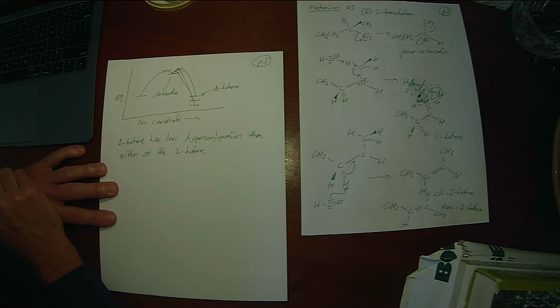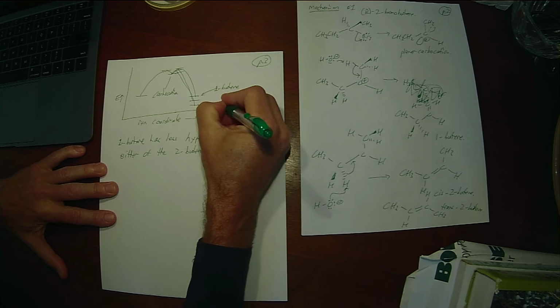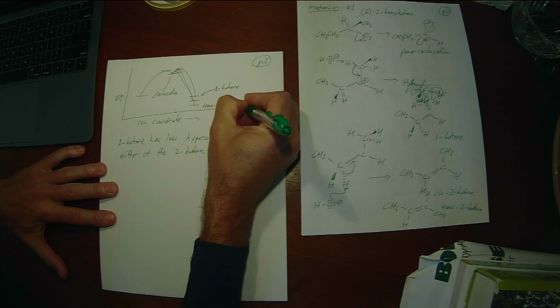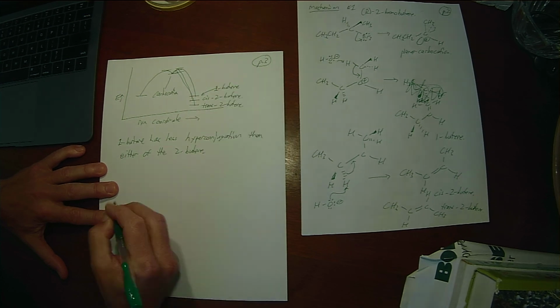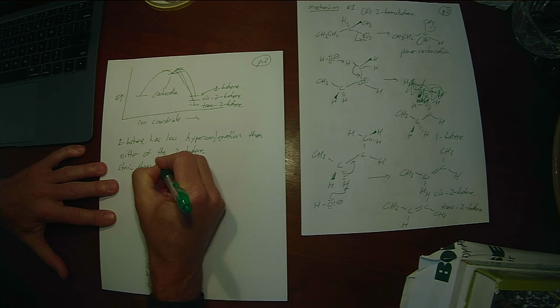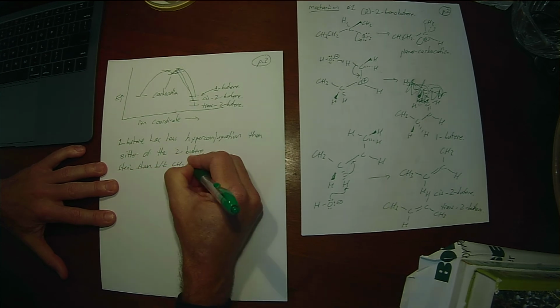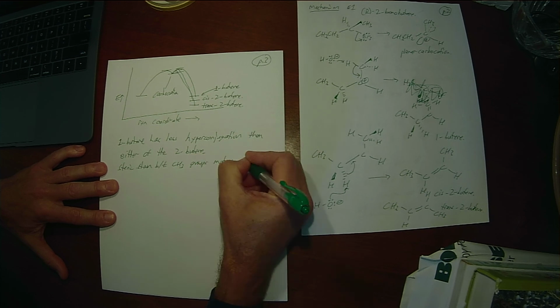The trans is going to be more stable. Right, why? Because there's steric strain when you have the methyl groups on the same side. Yep. So that makes the cis isomer less stable.